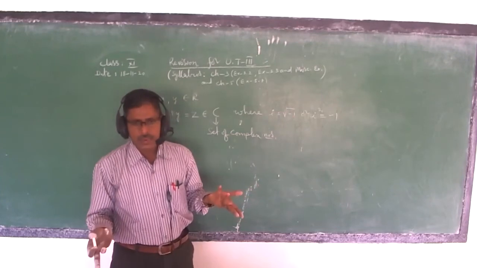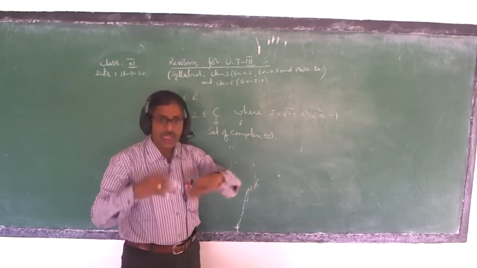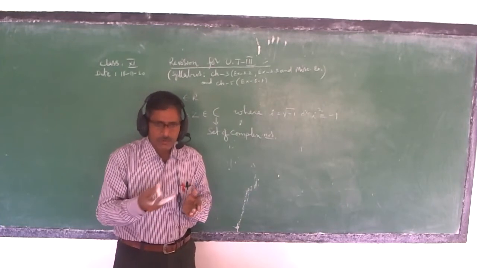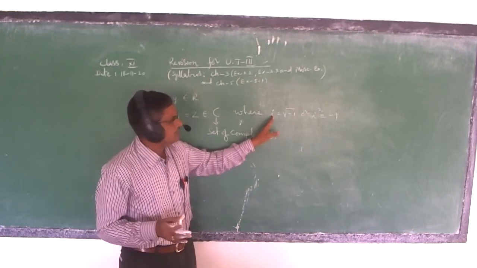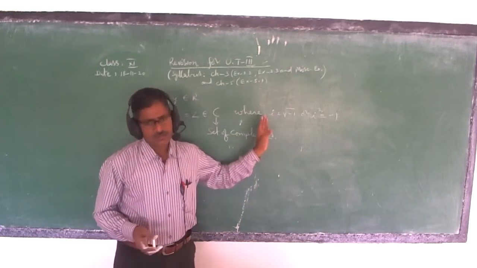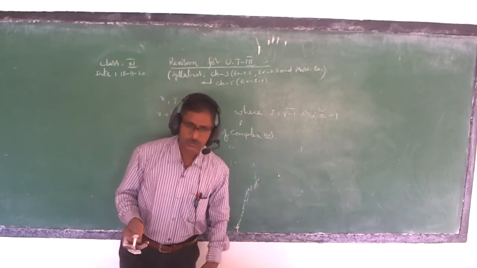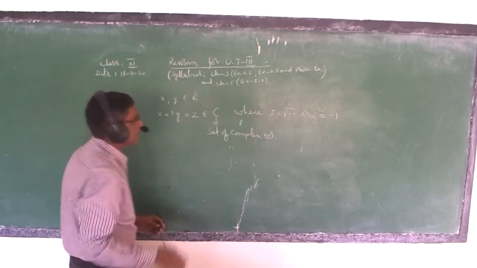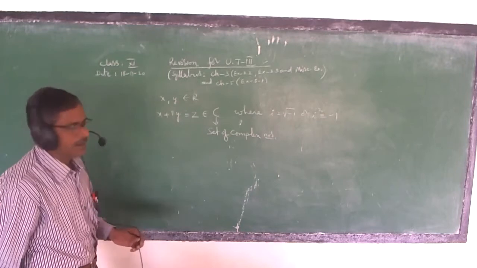Why only by i? Because this number is an imaginary number, and the first letter of the word imaginary is i. That is the reason we use this letter i. And sometimes this will also be called iota. So this is how i equal to root minus 1 or i square equal to minus 1.